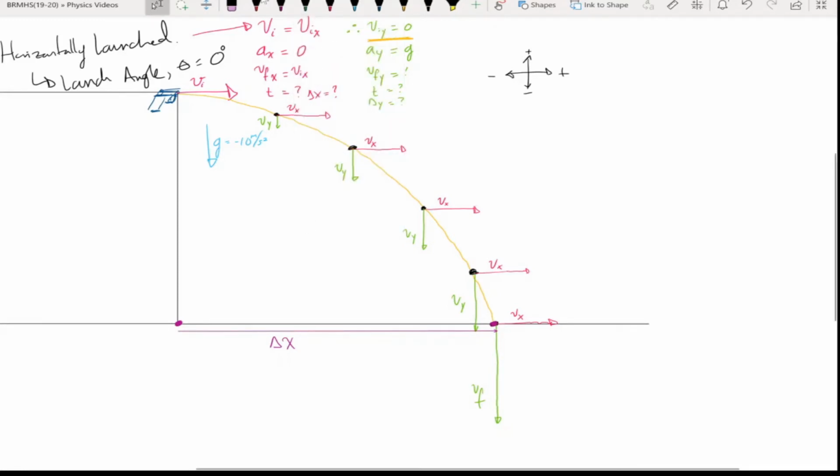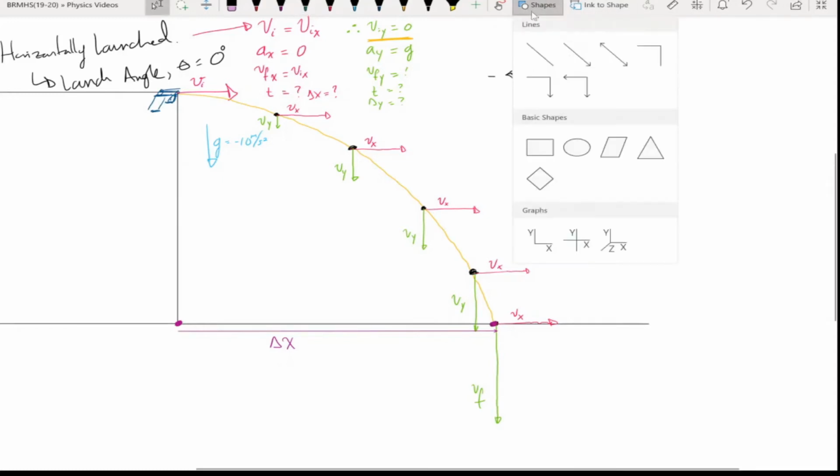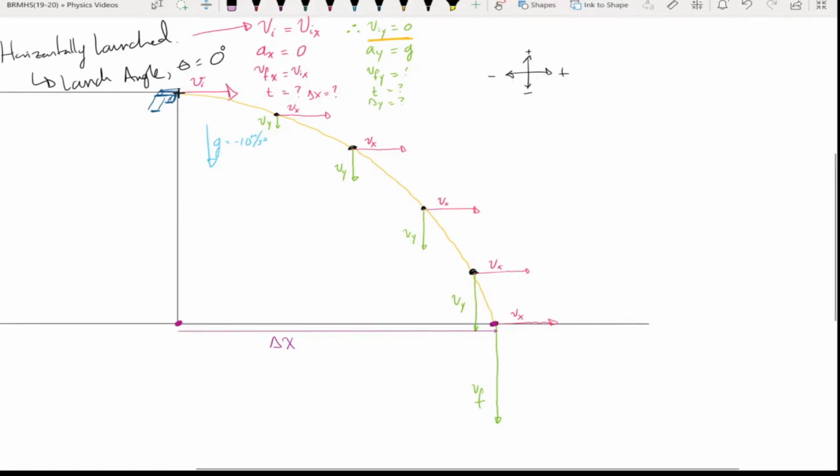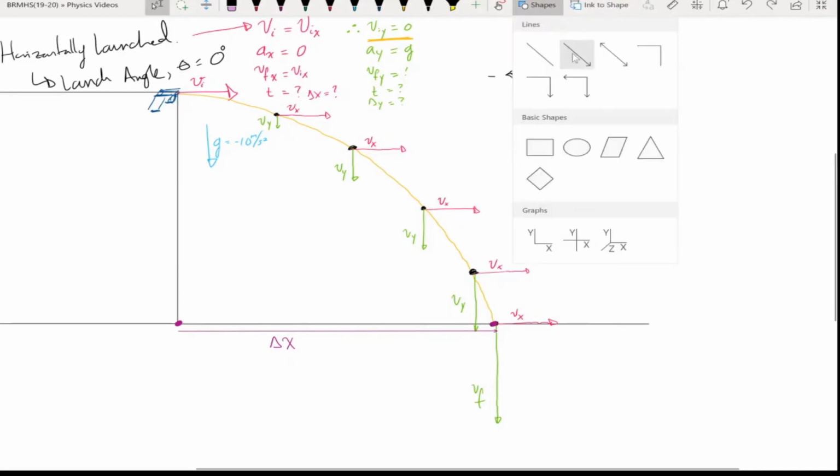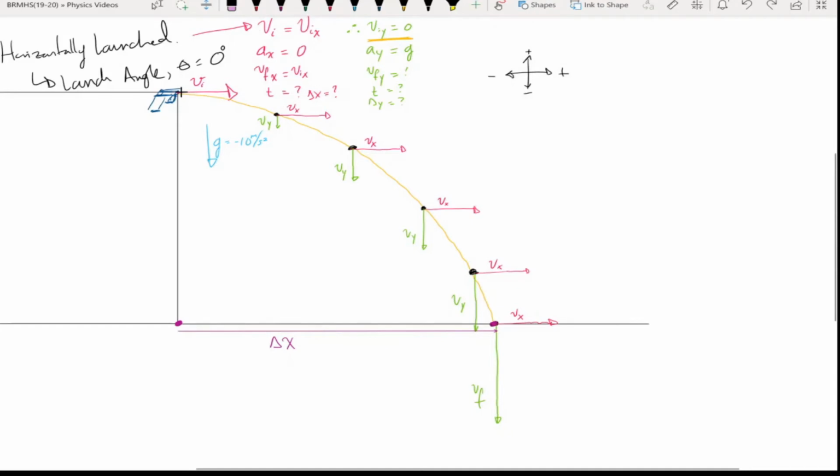The vertical displacement starts up here at the top, and it ends down here vertically. So if I use an arrow to show my displacement vertically, it's going to be from here. Not right on top, because then we won't be able to see it. Let's just say it's right here so I can get it out of the way.